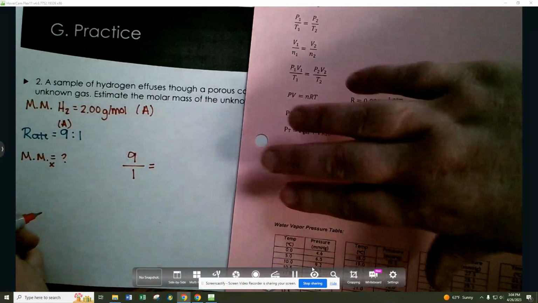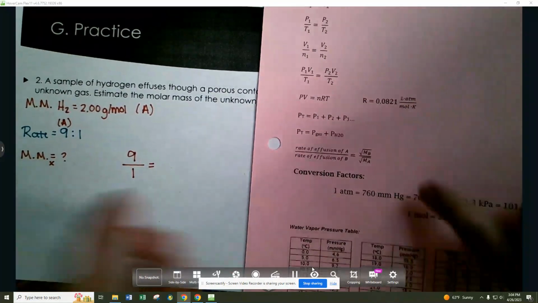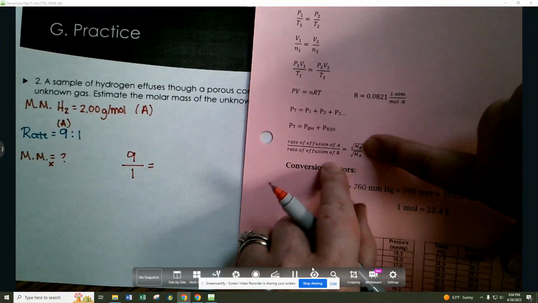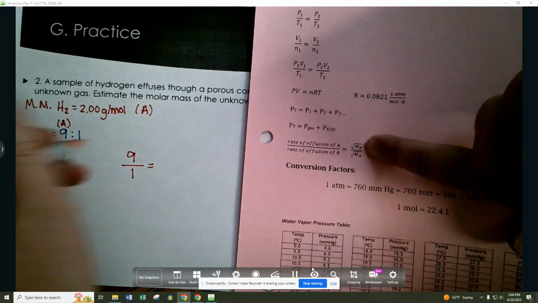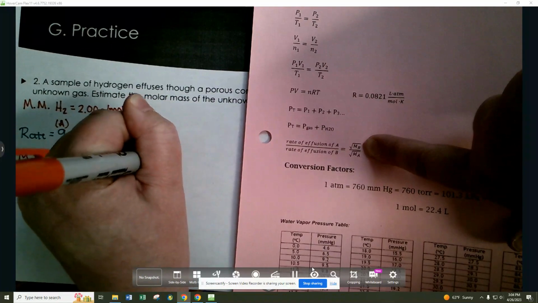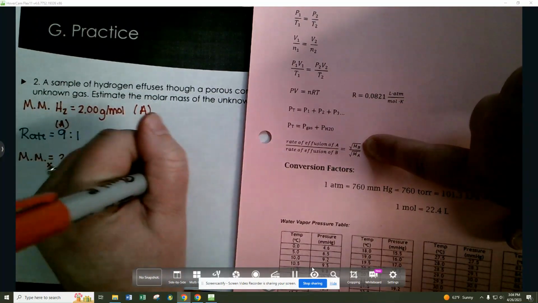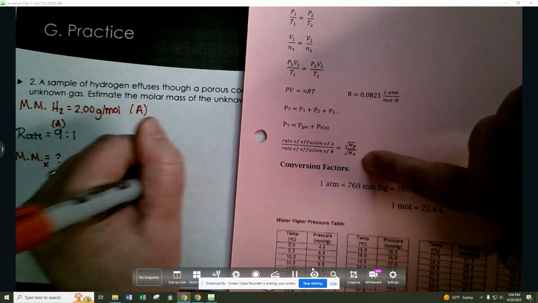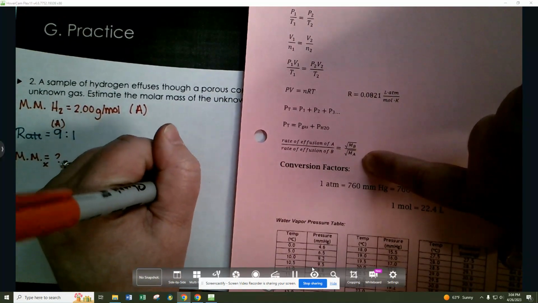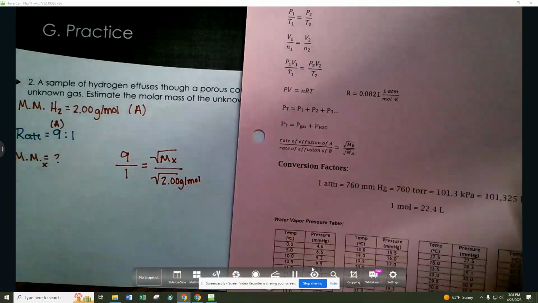From there, I know that my equation is an inverse here. It says it's the square root of molar mass of B. I don't know what B is. That is my X, okay? Over the square root of A, which was the 2 grams. Okay?